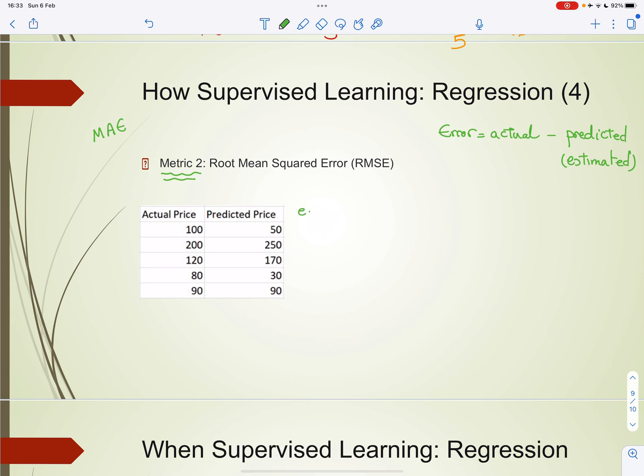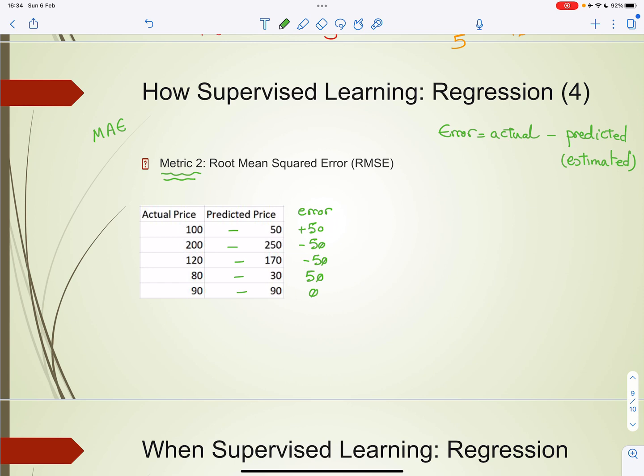If we calculate error, once again, it would be 100 minus 50, which is plus 50; 200 minus 250, minus 50; 120 minus 170, minus 50; 80 minus 30, 50; and 90 minus 90, 0.